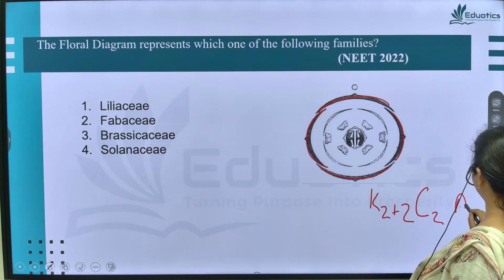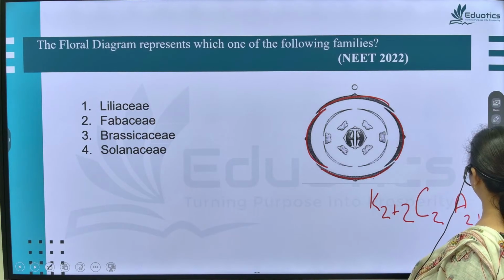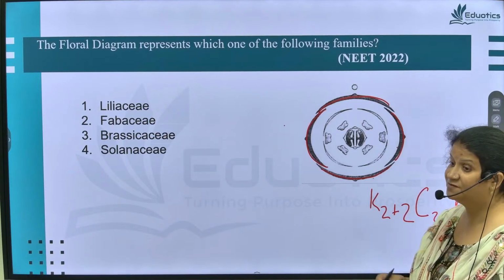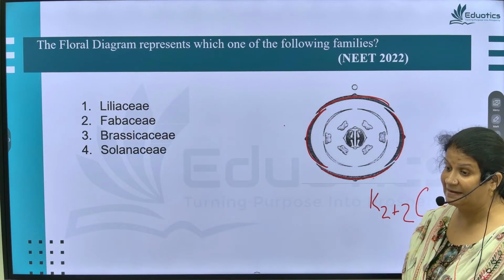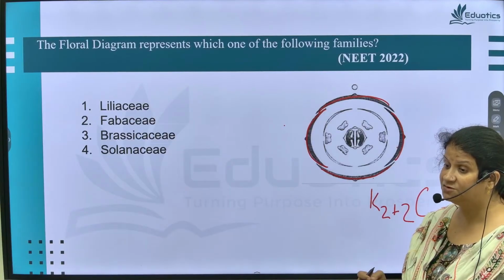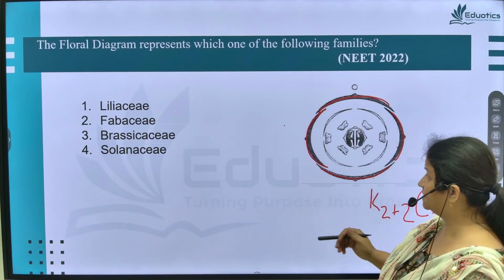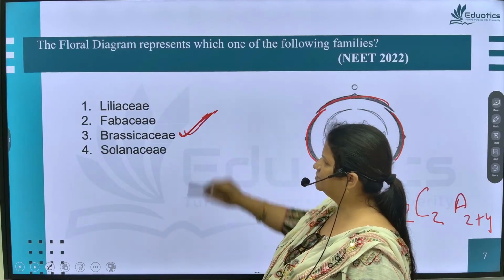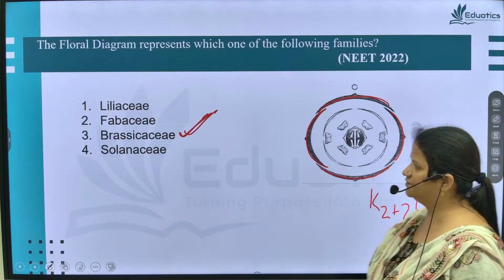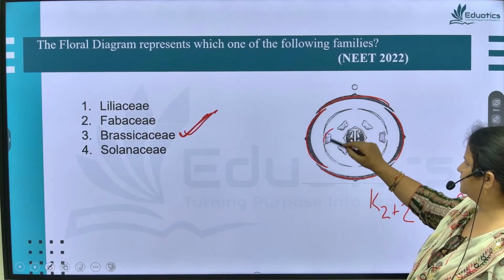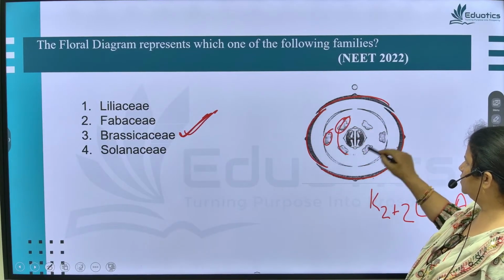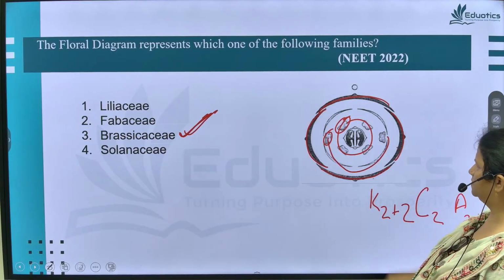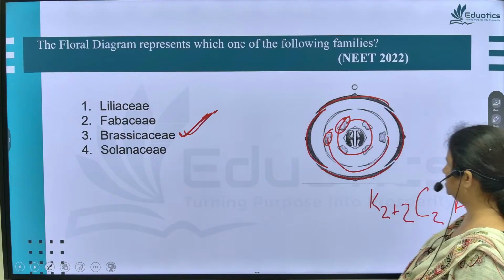Androecium six, in whorls of 2 plus 4, and the length of the stamens is different. This is the characteristic feature of the family Brassicaceae: in the inner whorl there are 4 long filaments, and on the outer side 2 short filaments. That's what we are talking about in Brassicaceae.